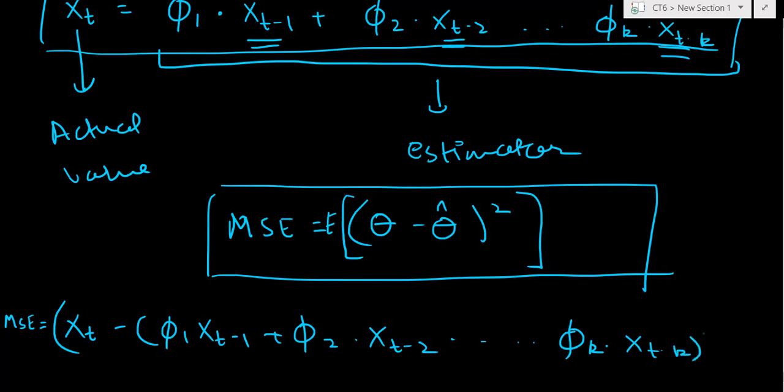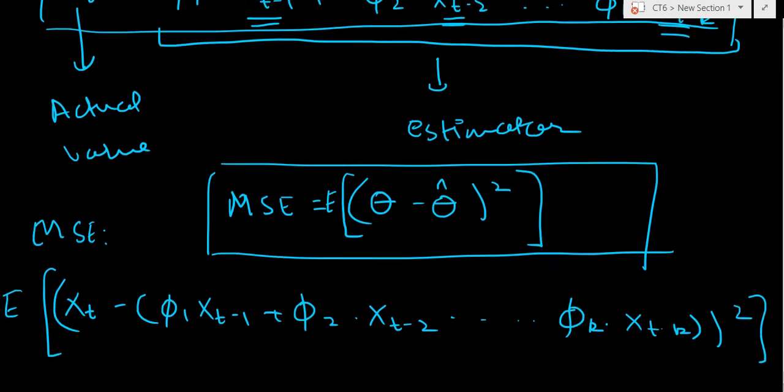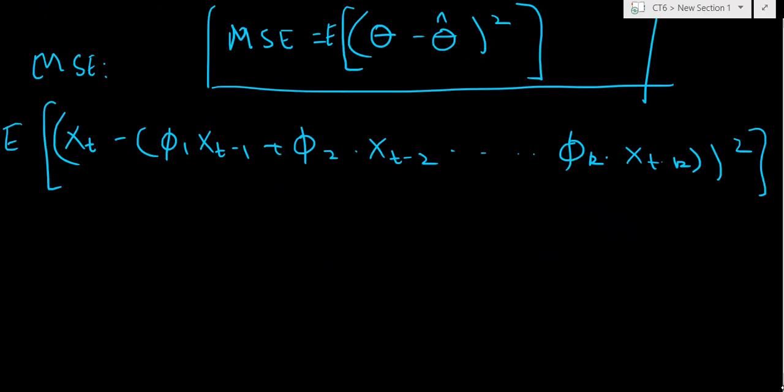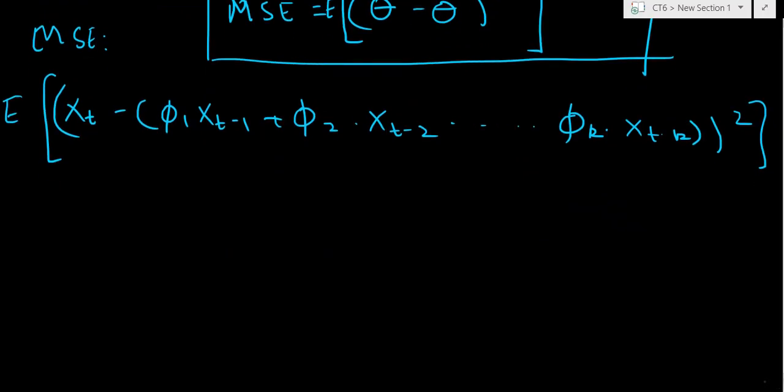Mean squared error is just the expectation of the actual value minus the estimator squared. This term will be minimized using maxima and minima, which will in turn give me all of these estimates, phi 1, phi 2, so on and so forth up till phi k.